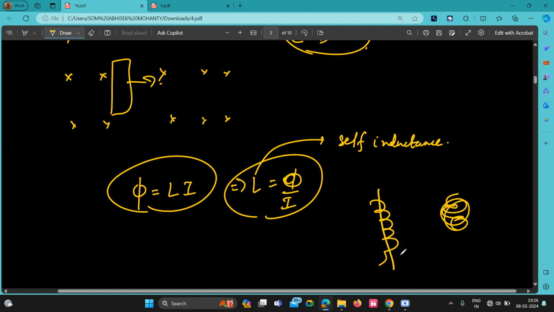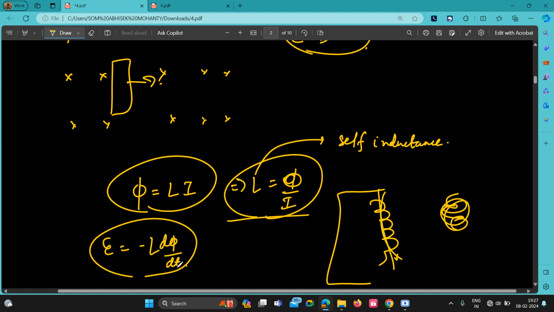If current flows through this, there is a change in magnetic flux through this coil, then current will be induced in it itself. So L is equal to phi by I. So E is equal to minus L d phi by dt. Sorry, di by dt. I'm sorry, minus L di by dt. These are all right.